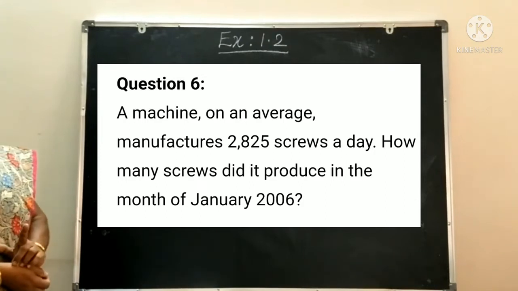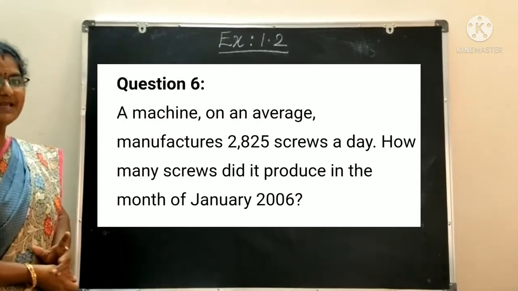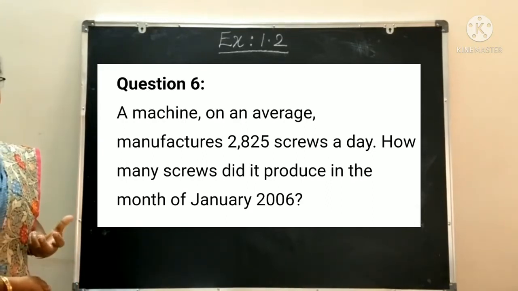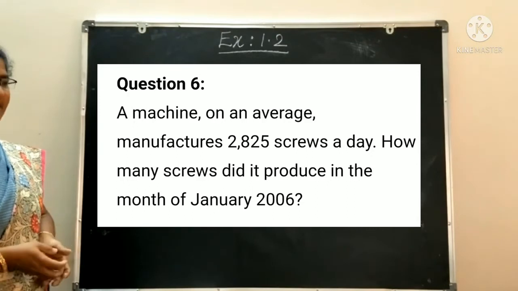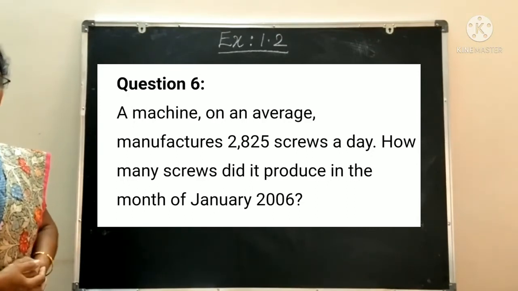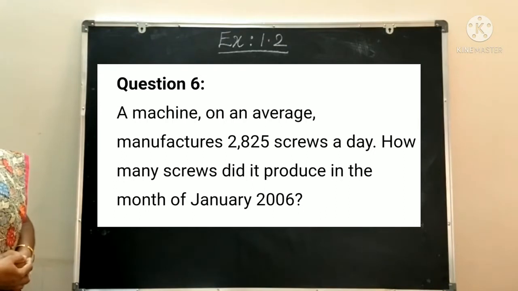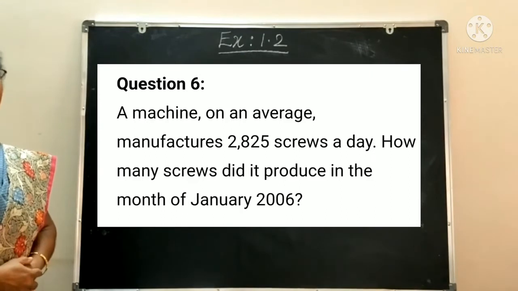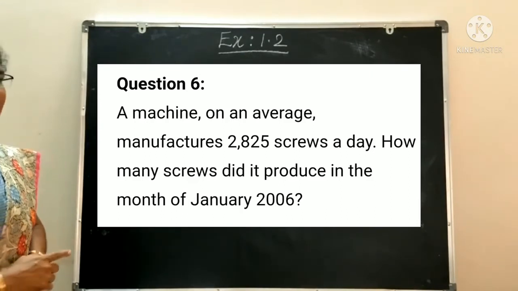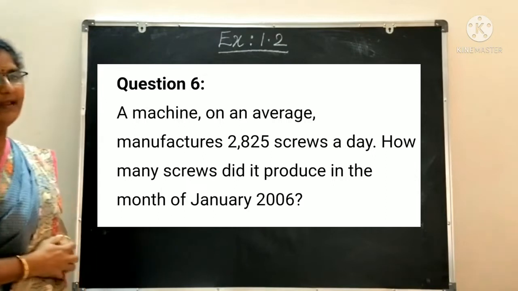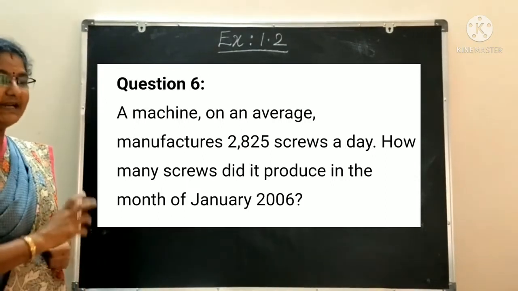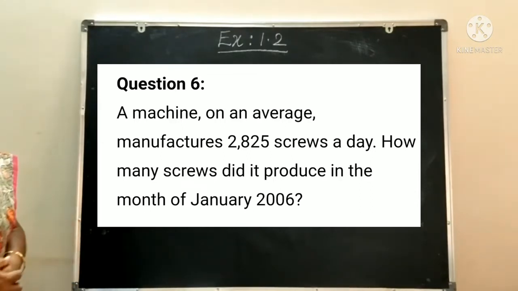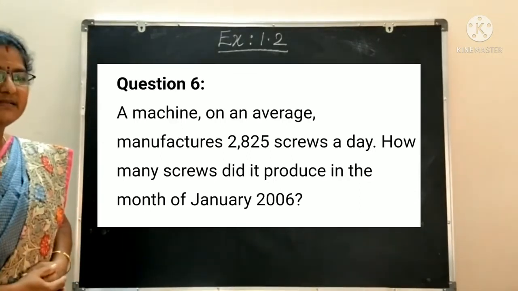They didn't ask directly how many screws were produced in January 2006. That means what? In the month of January, how many days? They gave the value of 1 day, but we have to find the screws produced in the month of January. So in the month of January, how many days?